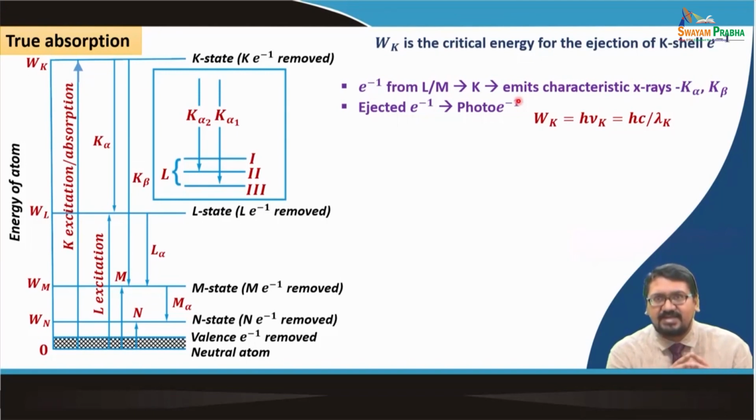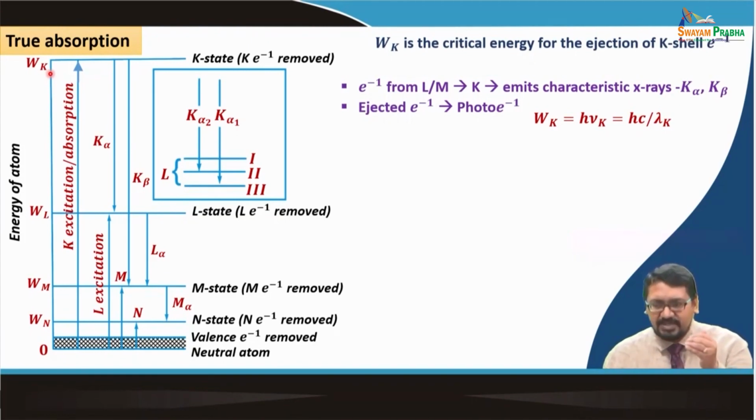This radiation will have a particular wavelength. So, when Wk is given, Wk is the excitation energy, which is equal to h mu k, which is equal to hc by lambda k.